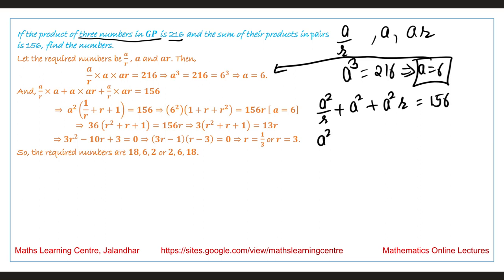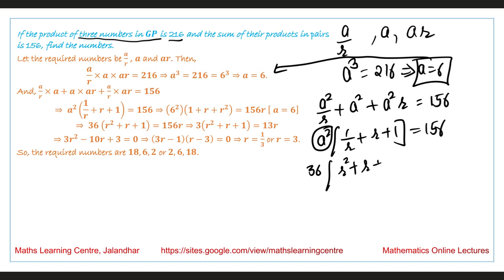So a²(1/r + 1 + r) = 156. The value of a² is 6², that is 36, so 36(r² + r + 1)/r = 156.